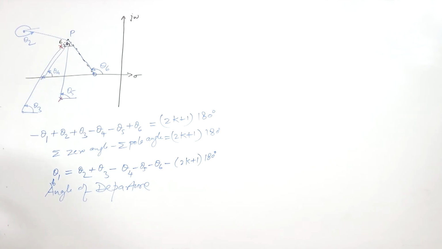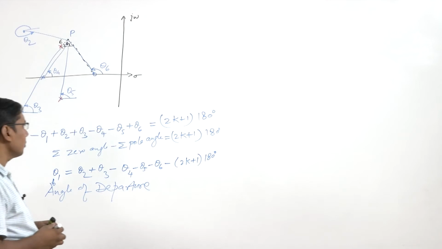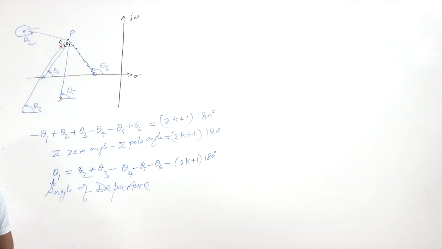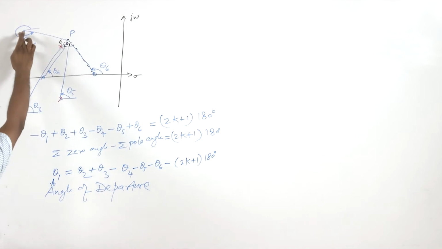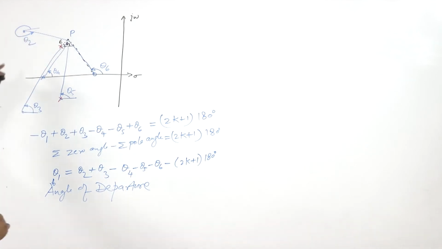Now we want the angle of arrival. In the same situation, we want the angle of arrival for this zero, where the root locus is arriving.